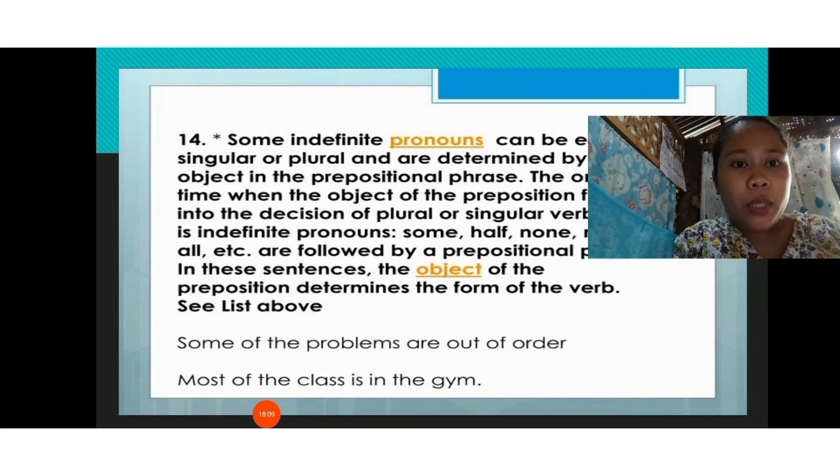So we are going to use the singular form of the verb is. So do not get confused with different words being used in the sentences. Just always focus on the subject. If our subject is singular, again, your verb will also be singular.